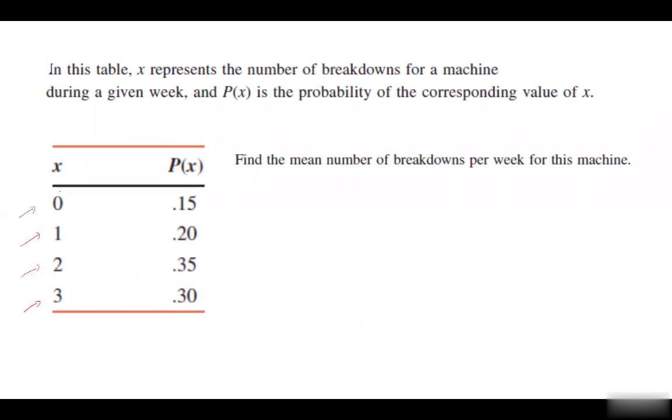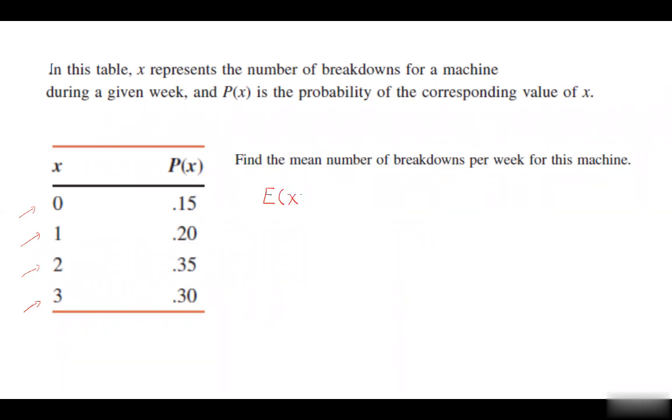So sometimes this machine is reliable, sometimes it's not. And the probability of X being 0 is 0.15, the probability of X being 1 is 0.2, the probability of X being 2 is 0.35, and the probability of X being 3 is 0.3.